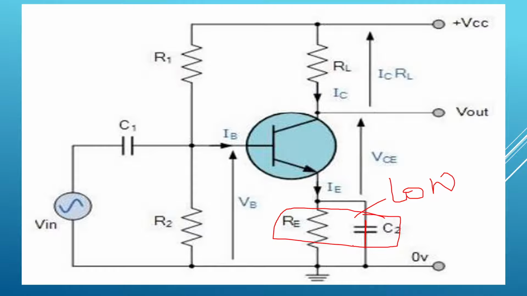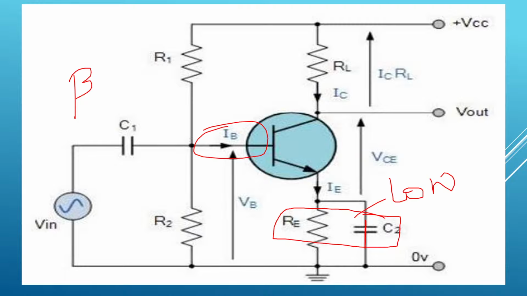Because of this, the base current IB will increase, and when IB increases, beta will decrease. Beta means the current gain value will decrease.